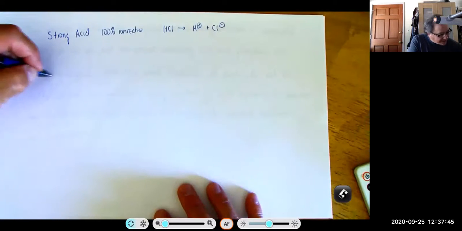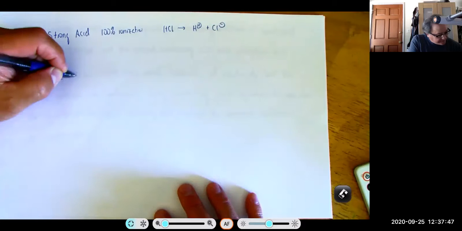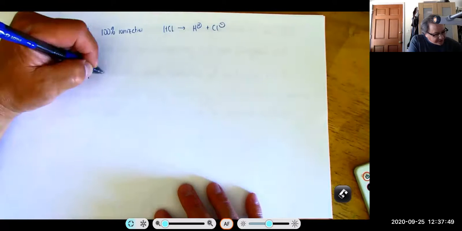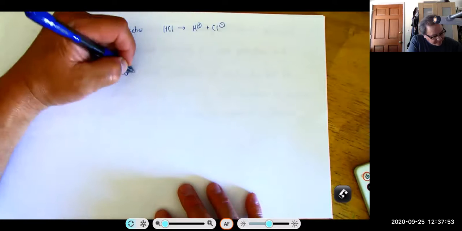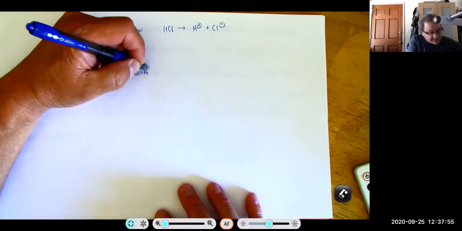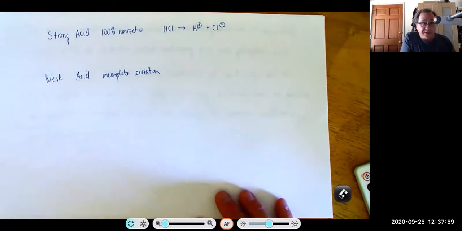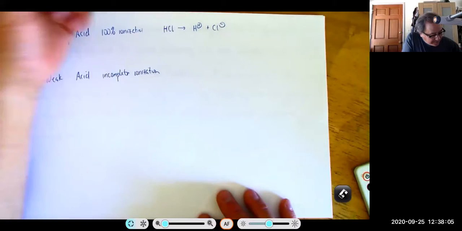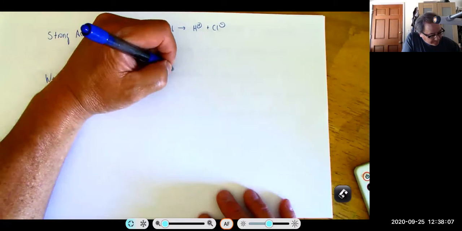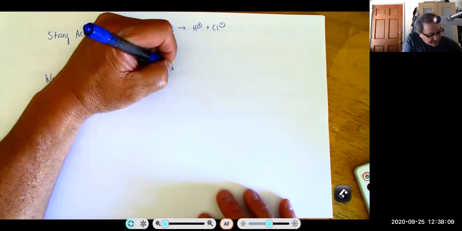And then we have weak acids, which is incomplete ionization. Incomplete simply means less than 100%, usually on the order of less than 1% even. So there are lots of weak acids. This is a weak acid.